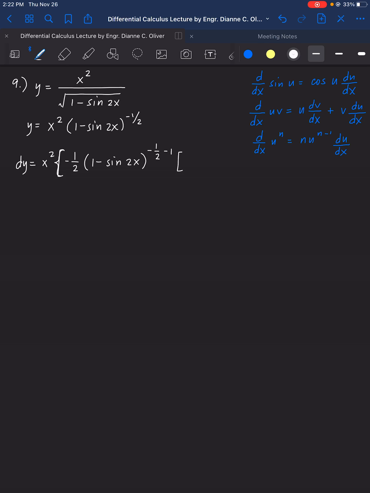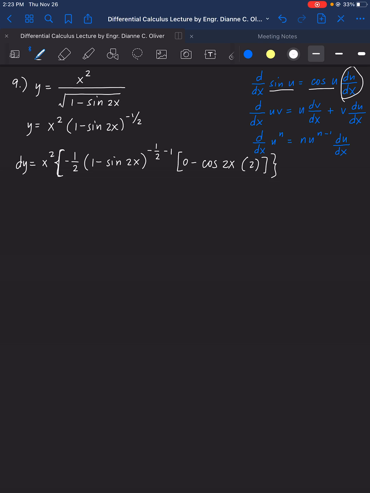So that is derivative of 1 is 0 minus derivative of sine 2x. So what is the derivative of sine 2x? That is cosine u, cosine of 2x, and then the derivative of u, that is 2. Okay, that is for the first term only.